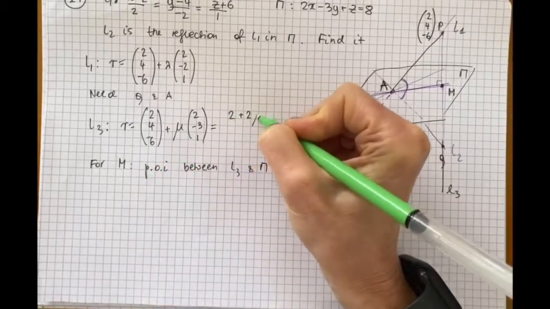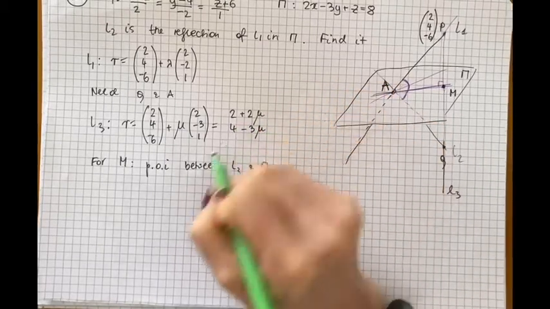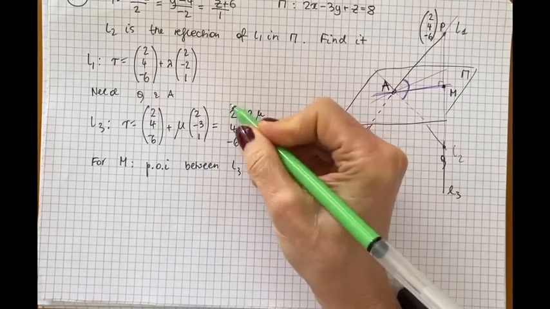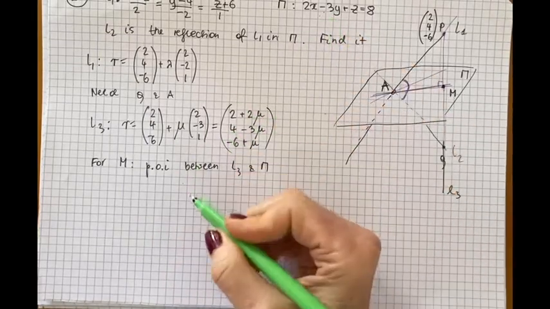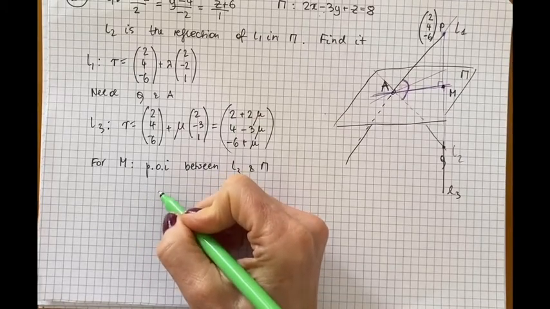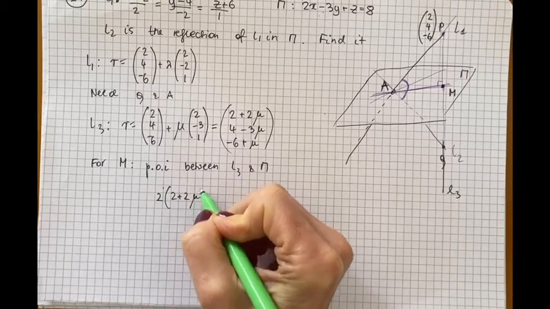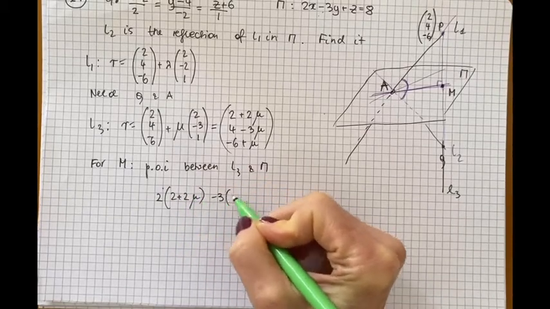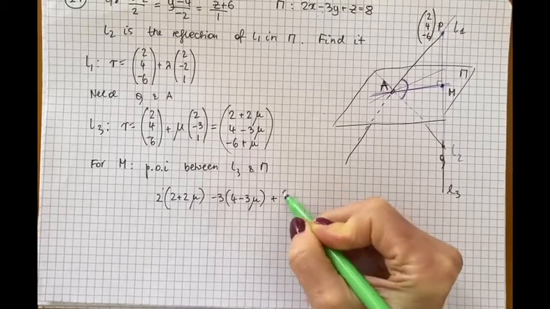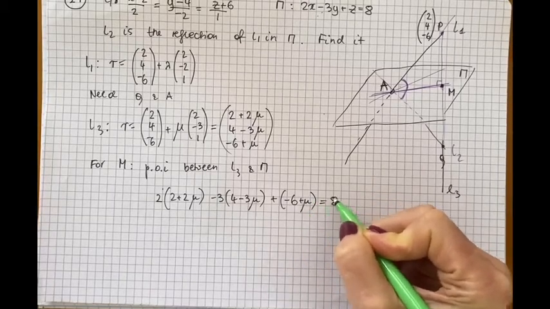There you go. So let's substitute the general point on the line: 2 plus 2 mu, 4 minus 3 mu, and -6 plus mu. We are going to substitute this point into the equation of the plane. So you're going to get 2 times (2 plus 2 mu) minus 3 times (4 minus 3 mu) plus (-6 plus mu) is equal to 8.